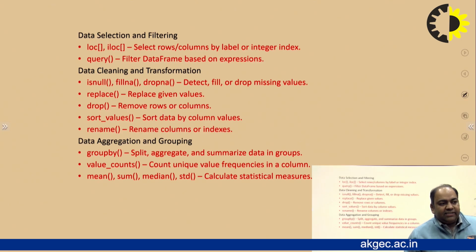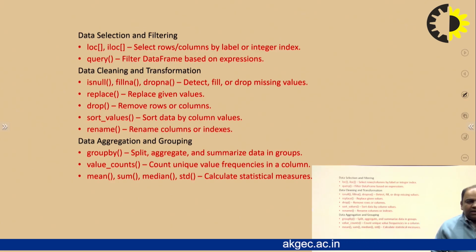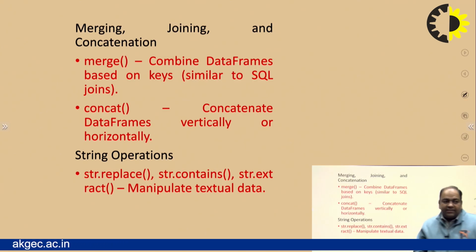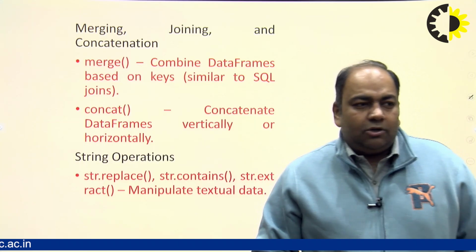And for statistical measures, same as we used in NumPy, mean, sum, median, and std for standard deviation. For merging, we use merge. For concatenation, we use concat. And for extracting any value, we use str.extract.